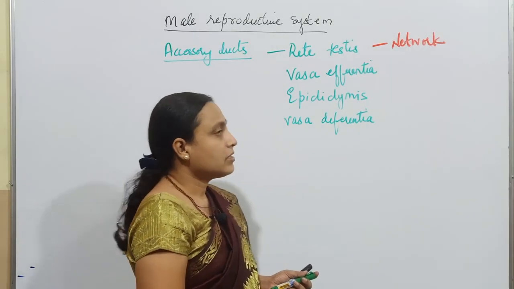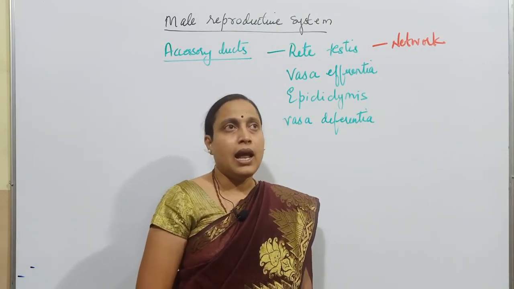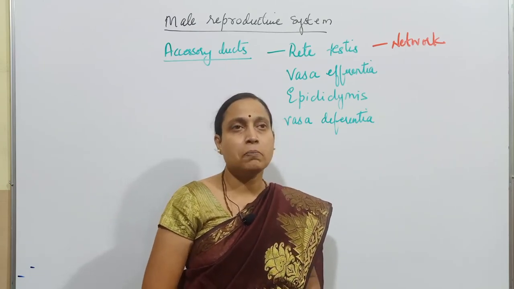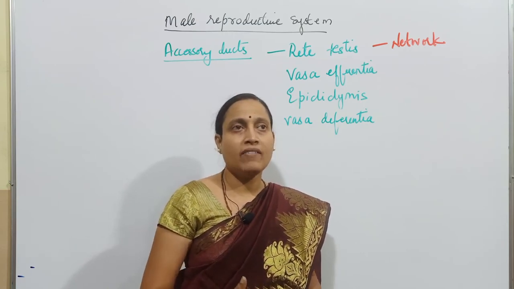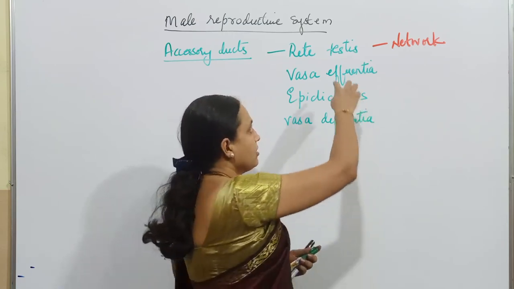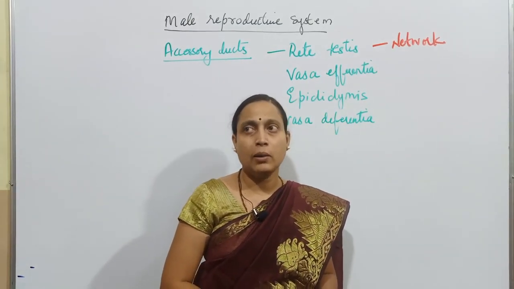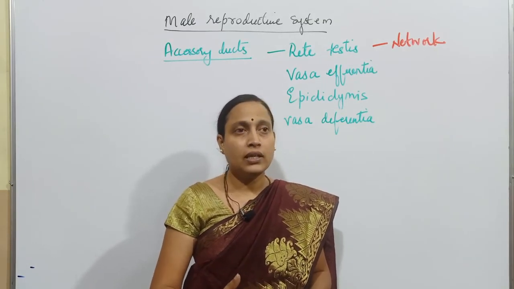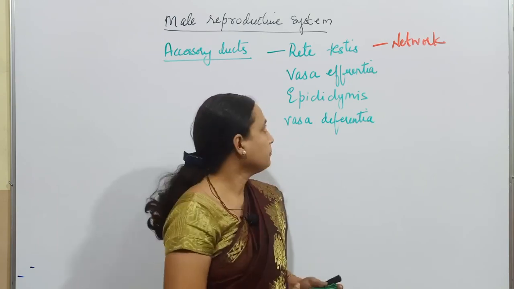I told yesterday that rete testis has ciliated epithelium, and the fluid that moves through the lumen of these ducts is called spermatic fluid. Initially the sperm do not have any movement in these regions, so the sperm move with the help of the fluid as well as the ciliated epithelium.